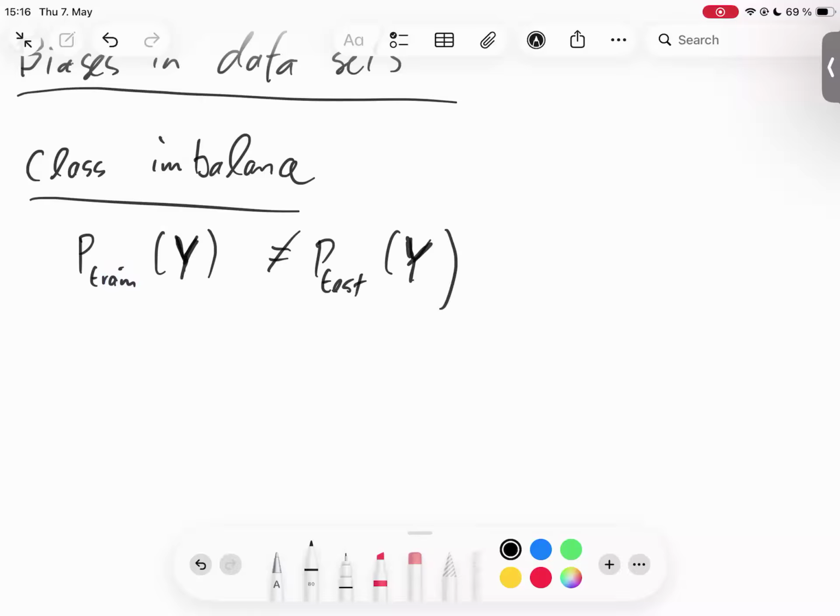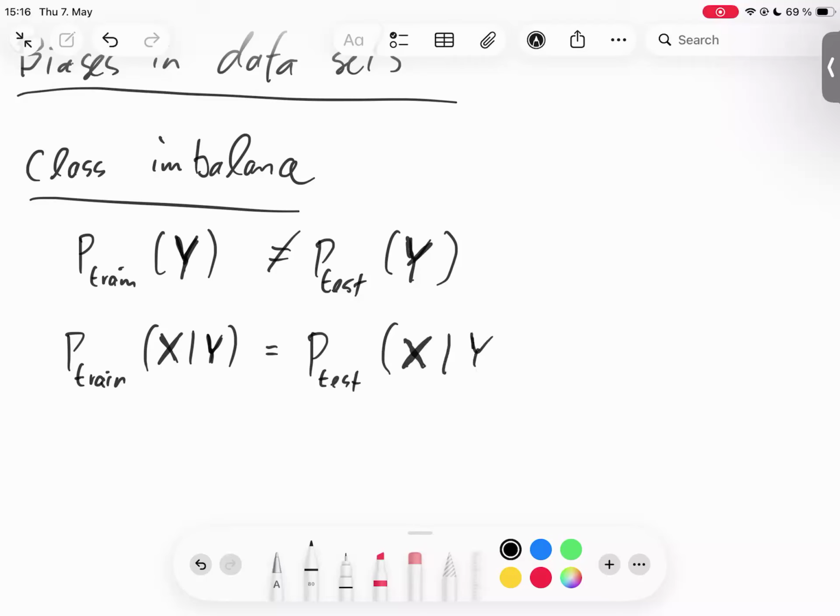But we've assumed as well that we had these conditional distributions: for the training data given the label, we said that's the same as for the test data, where we have the data given the labels.